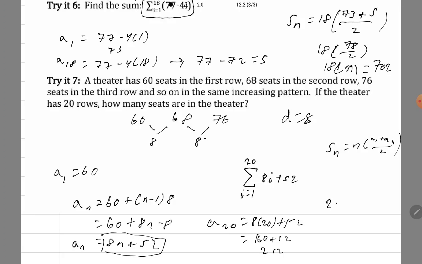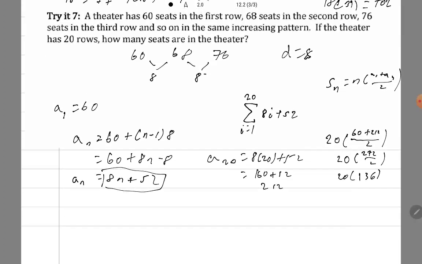So n, which is 20 rows, a of 1, the first term was 60, plus my last, there's 212 seats in the last row, divided by 2. So I'll get 20 times 272 divided by 2, which is 20 times 136, which will be 2,720 seats total.